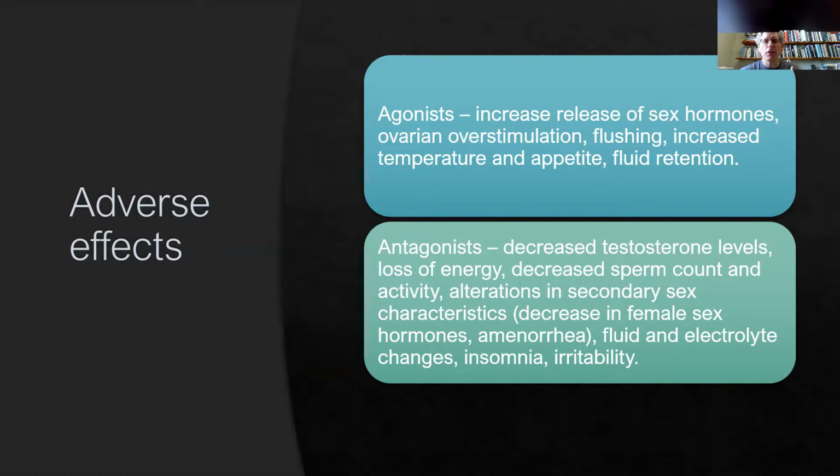The agonists induce at first a flush of sex hormone. So you can get ovarian overstimulation, flushing, increased temperature and appetite, and fluid retention. The antagonists will cause decreased steroid hormone levels, loss of energy, decreased sperm count in men, decreased activity, alterations in secondary sex characteristics, decrease in female sex hormones, amenorrhea, electrolyte changes, insomnia, and increased irritability.